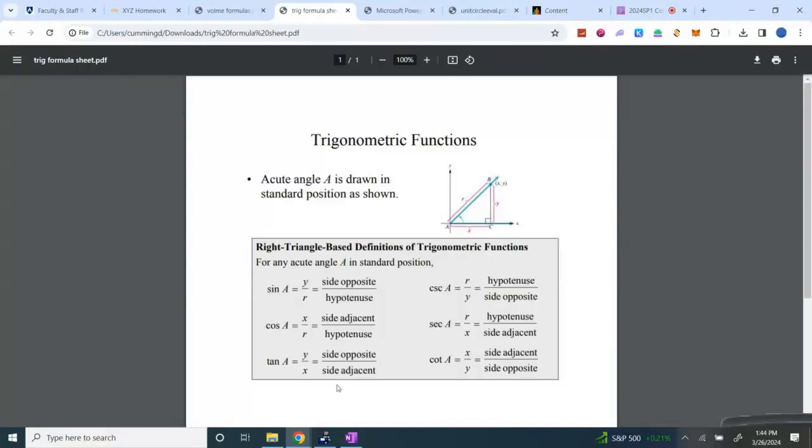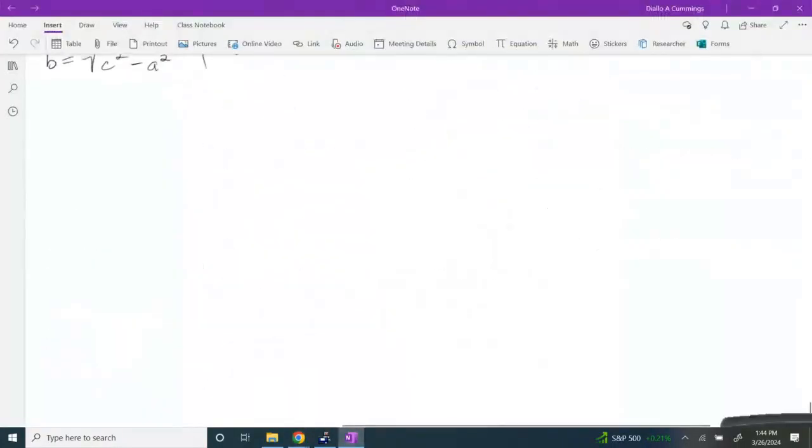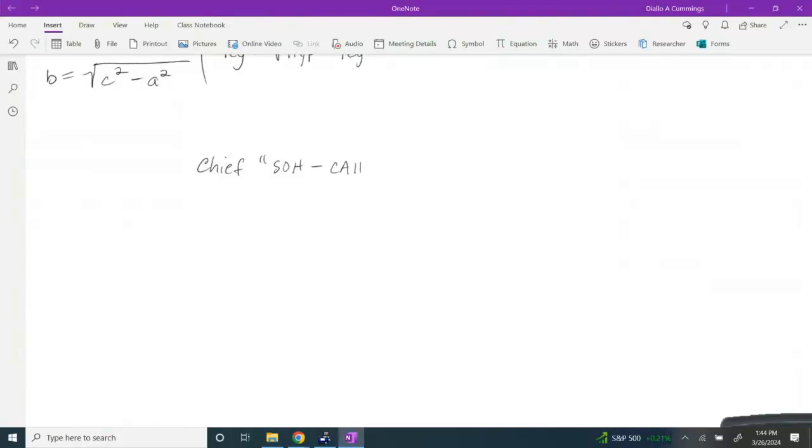Now, in order to better memorize this, there is a saying that's used. It's SOH CAH TOA. I don't know if you ever heard of that or not, but what it alludes to is that the sine is equal to the opposite over the hypotenuse.